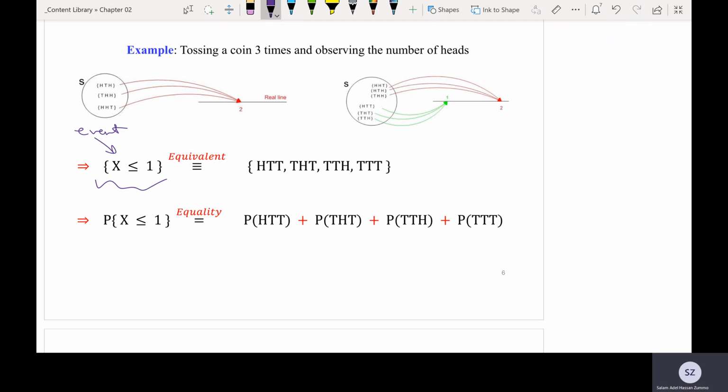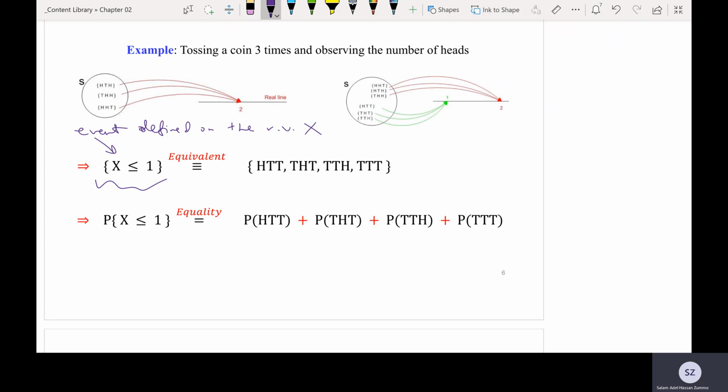Now, similarly, you can define an event on the random variable. This is an event defined on X of s, on the random variable X, rather than defined on the sample space. So instead of asking what is the probability of having 0 heads or 1 head, what is the probability that X is less than or equal to 1? What is this event equivalent to?